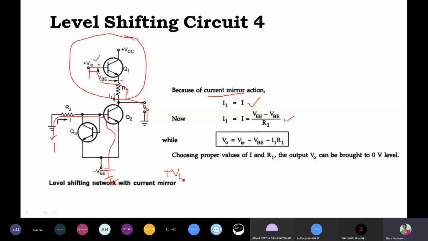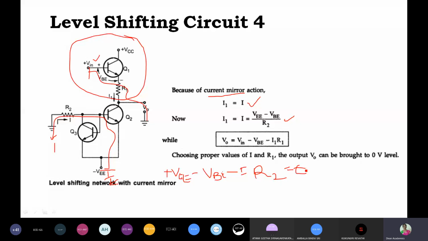Are you able to follow what I am doing? Plus VEE, minus VBE, the base emitter voltage, because we are going in the opposite direction, minus VBE, minus IR2, because I is in this direction and we are going in the opposite direction, equal to 0.